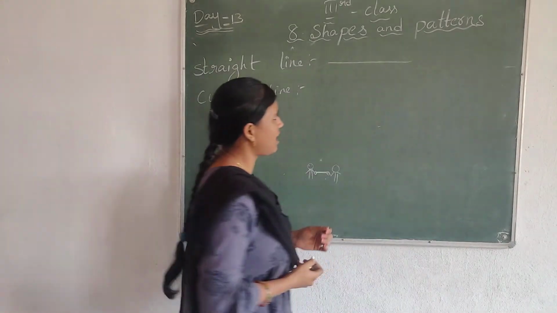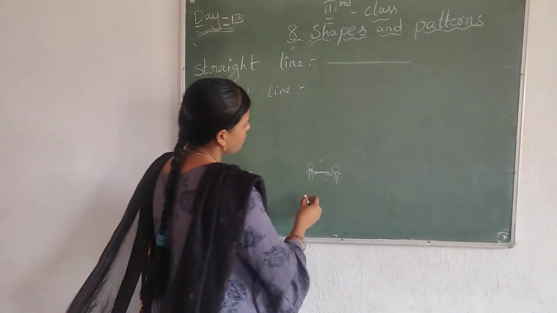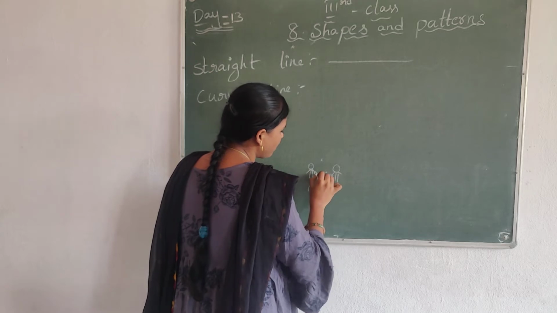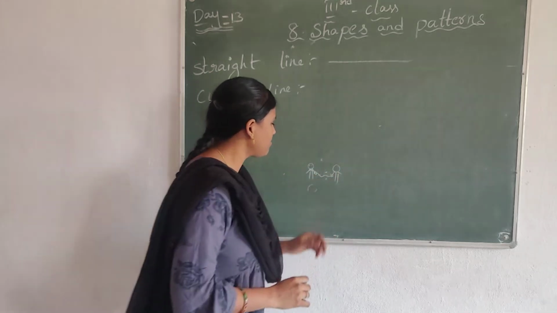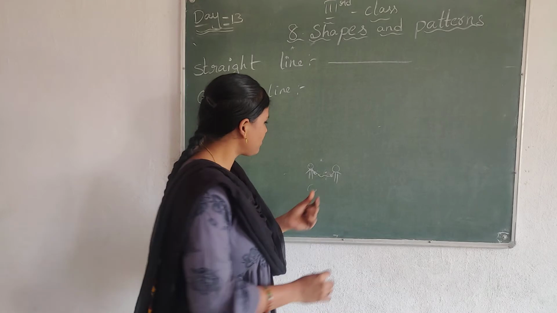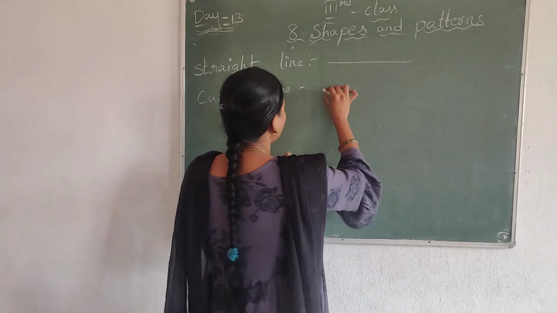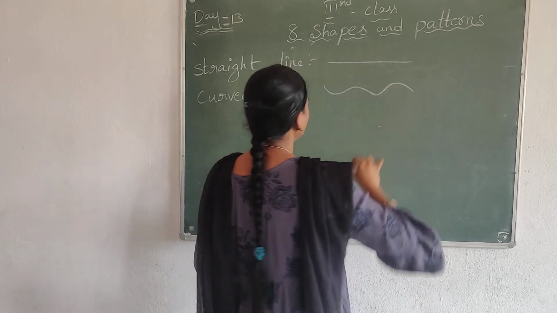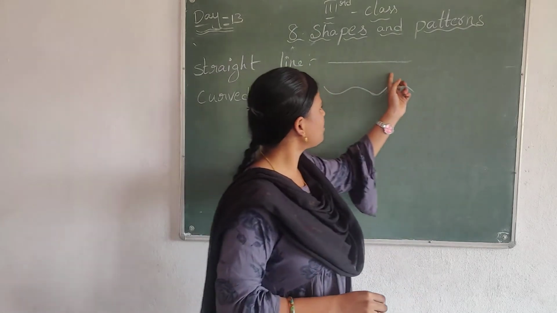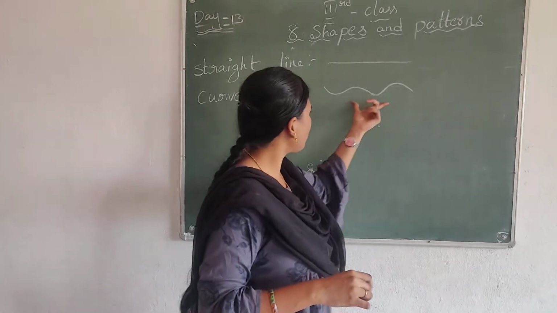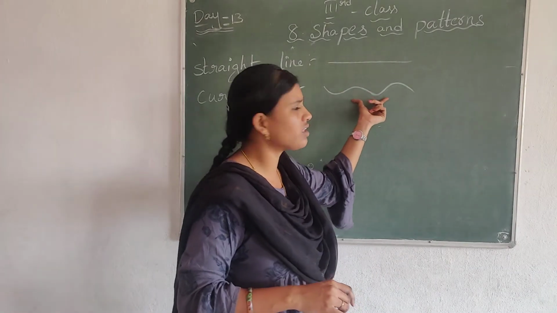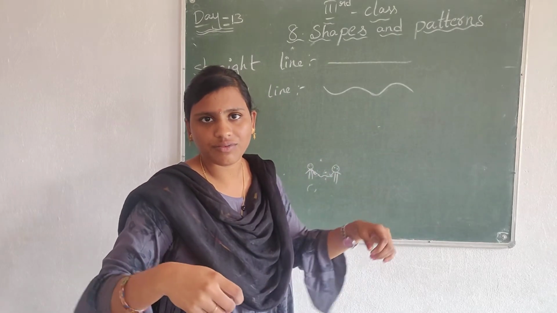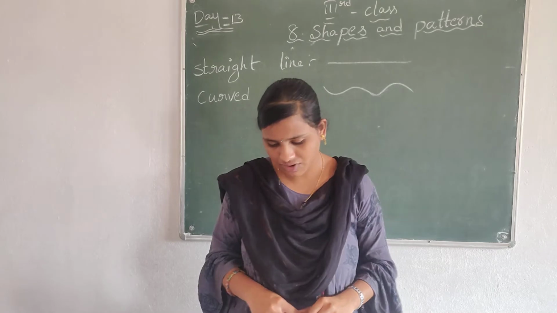The straight line looks like this. If you hold this thread very loosely, it will come like this. So that is a curved line. If you hold the thread like this, you will get a what? Curved line.